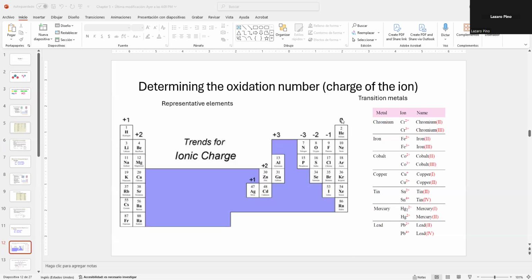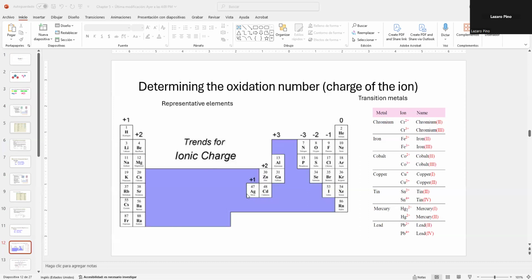Let me explain about this. There are some cases, but in general, they don't react. They don't gain or lose electrons. We are going to study why they have this behavior later. Well, we also have some cations from the transition metals that have only one type of charge.